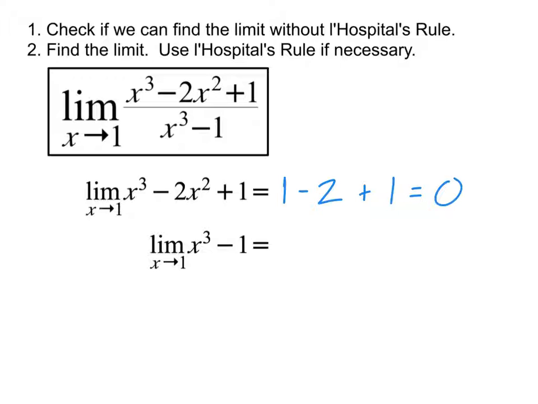If I plug the 1 into the bottom function, I end up with 1 cubed, which is 1, minus 1, which also equals 0. So when I plug into the original function, I end up with 0 over 0. That makes this a candidate for using L'Hôpital's rule. I don't have any other way to find that limit, so that is how we're going to do it.